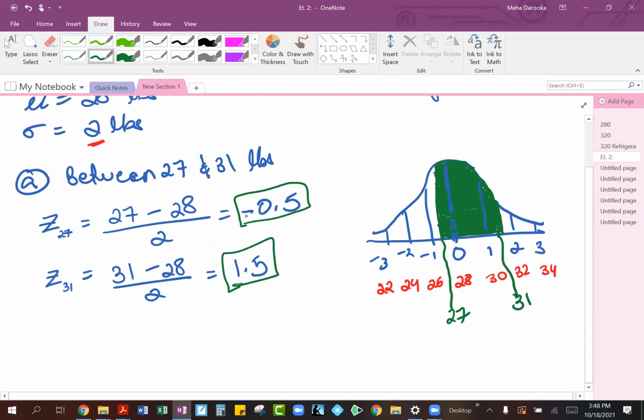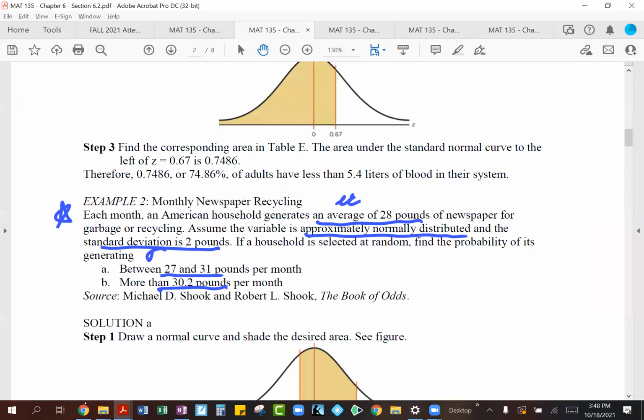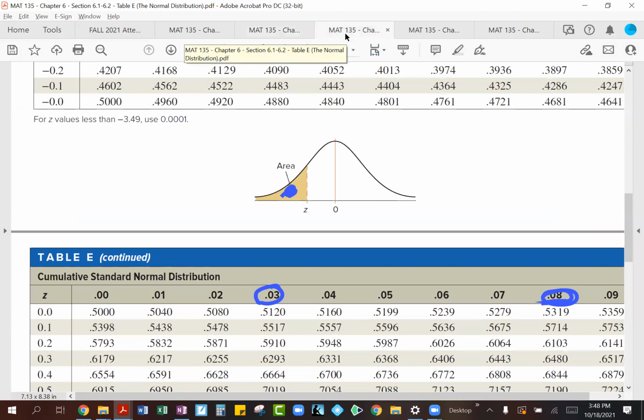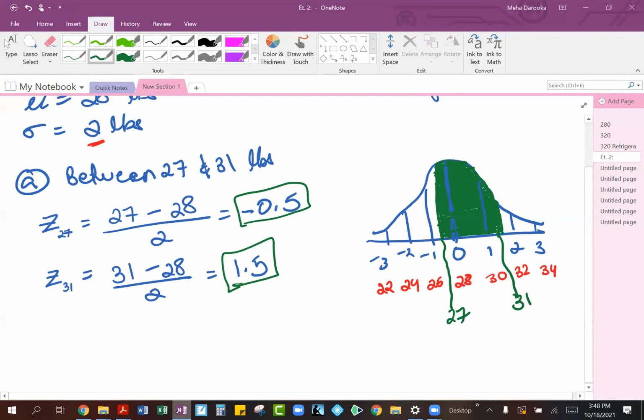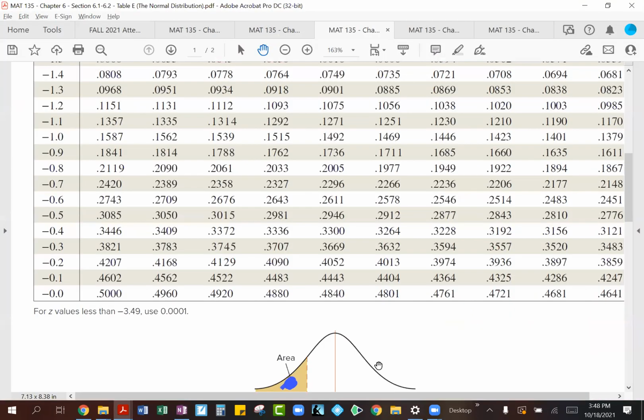All right, so once we find these standard deviations, now we need to find what their areas are going to be. So let's start with negative 0.5. For this guy, we will need to go back to our table, and this time we're on the negative side. So again, it's negative 0.5. And you will see right here is our negative 0.5.